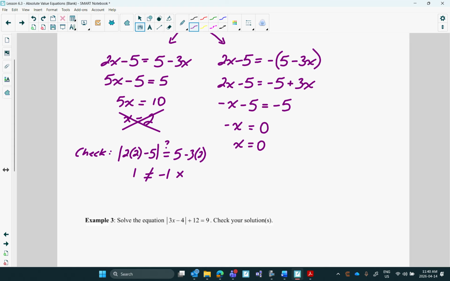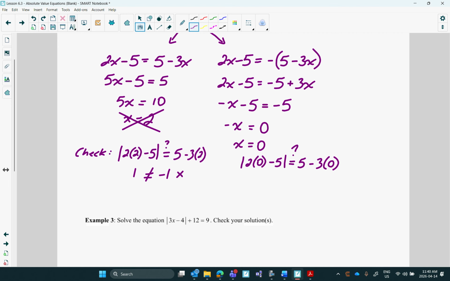Let's see if 0 works. Does the absolute value of 2 times 0 minus 5 equal 5 minus 3 times 0? 2 times 0 is 0. 0 subtract 5 is negative 5.